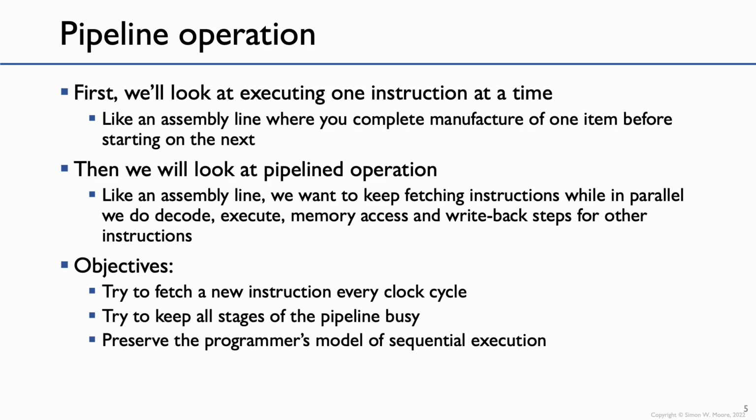But also, very critically, we have to preserve the programmer's model of sequential execution. That is a little bit of a challenge, and that is going to cause things to slow down, but it is necessary to build a processor that people can easily program against. Also, people have in previous processor architectures with different instruction sets sometimes exposed some of the pipelining behavior to the programmer or to the compiler.